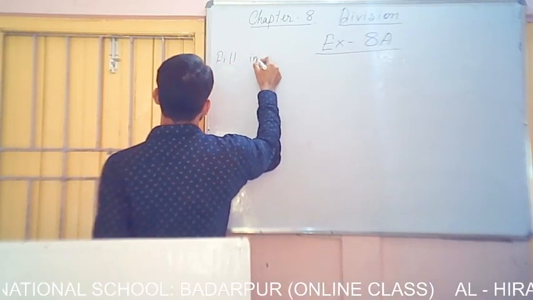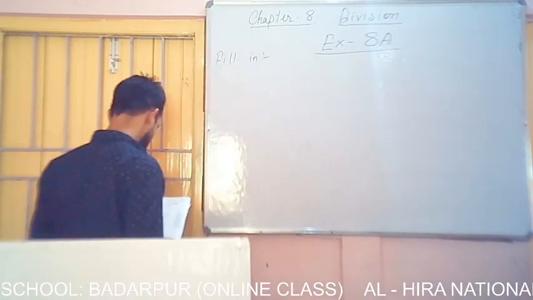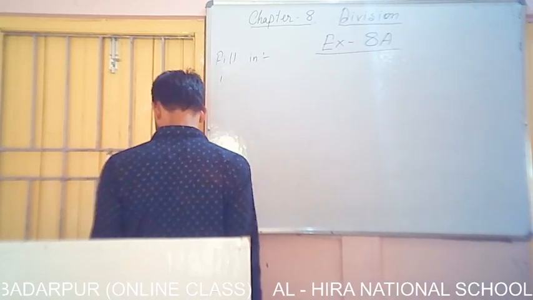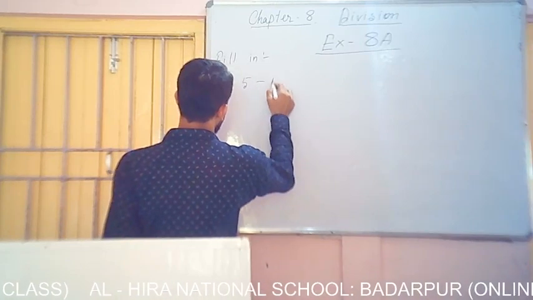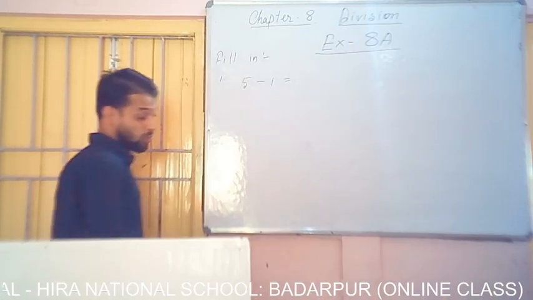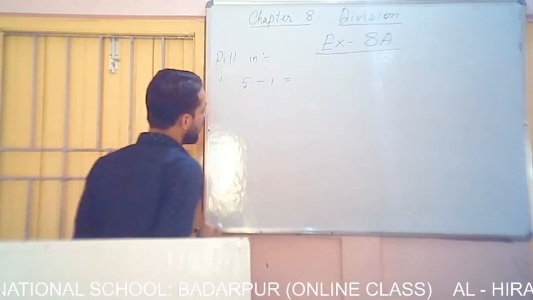Fill in. Okay. Question number 1. So question number 1 is 5 divided by 1. So here which table we have to follow? We have to follow 1.